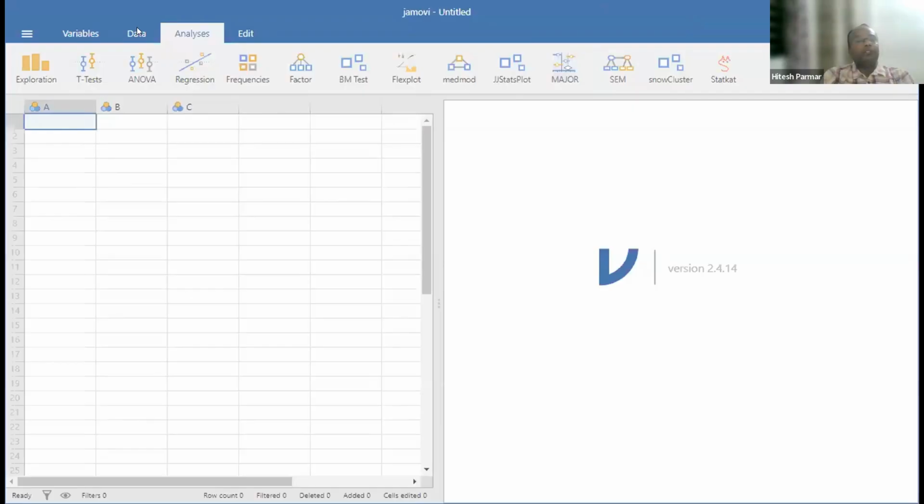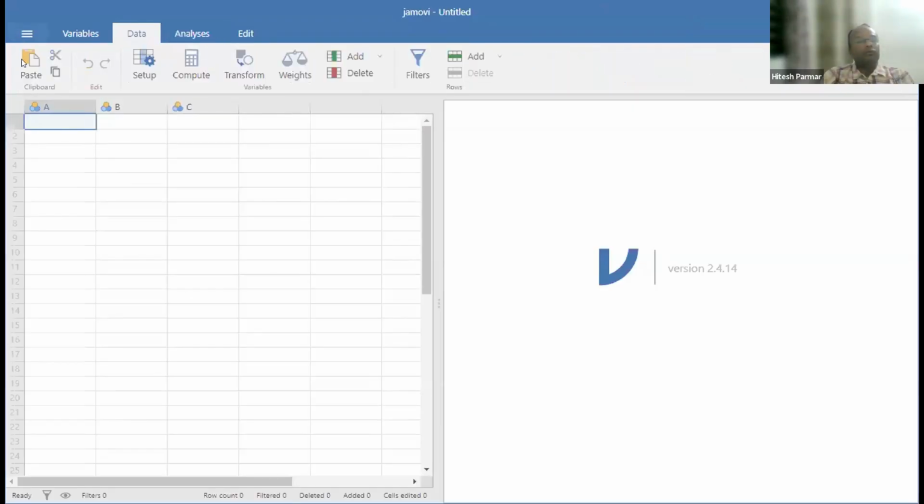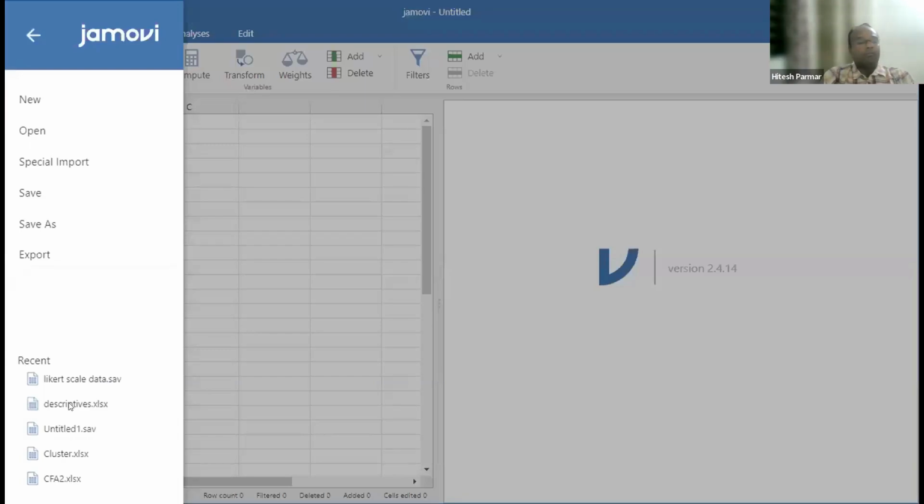Right, so Jamovi is also a very powerful software. For example, if I have any ready-made file available, let me open any one file.